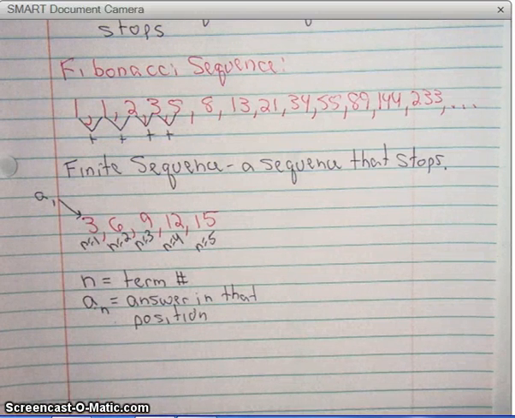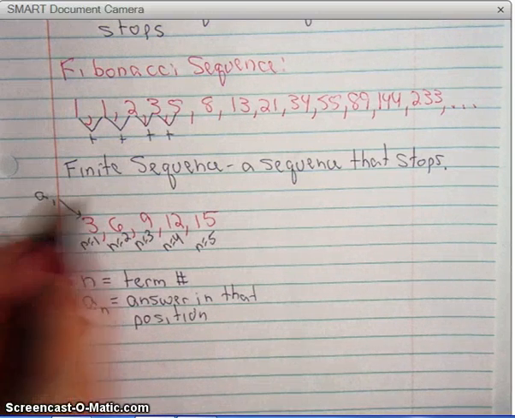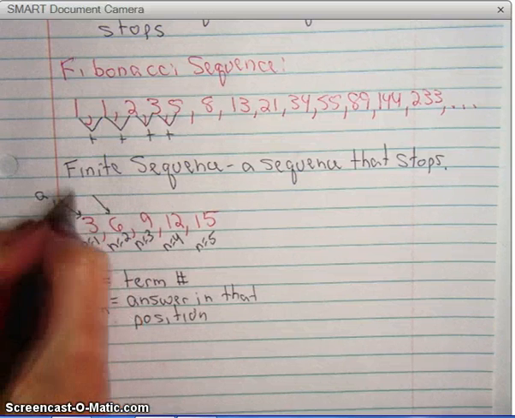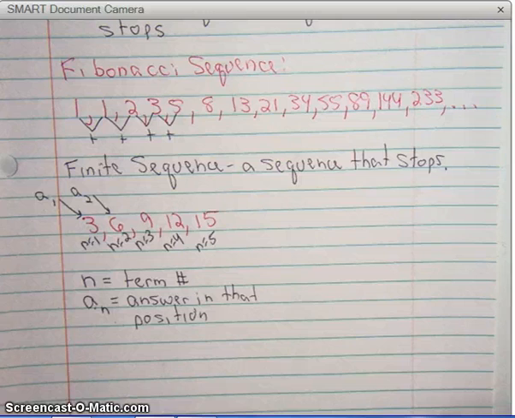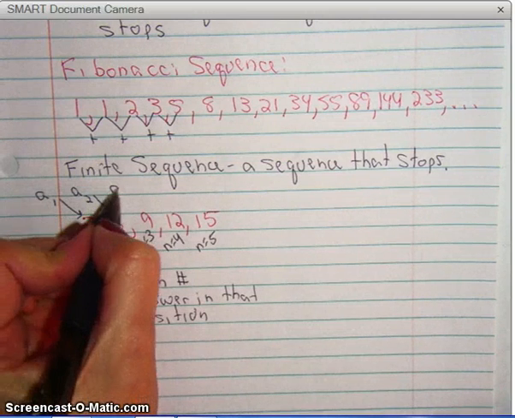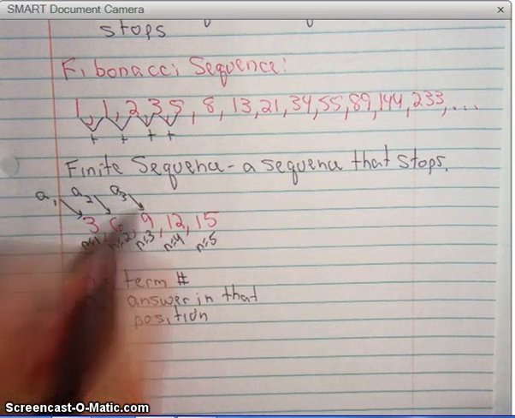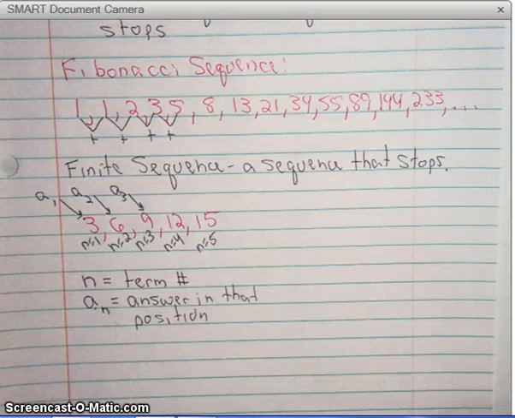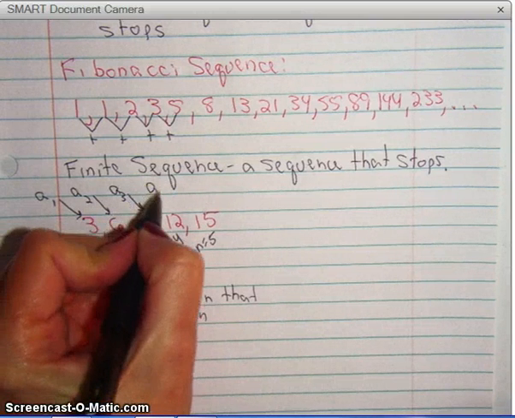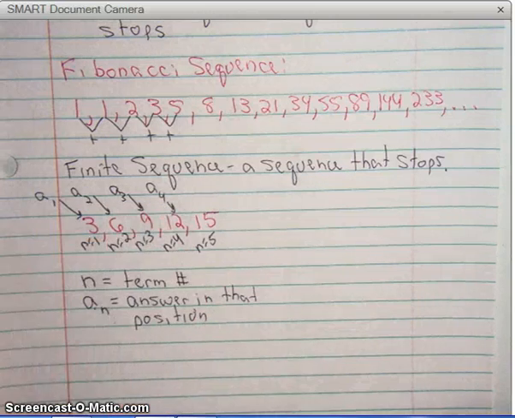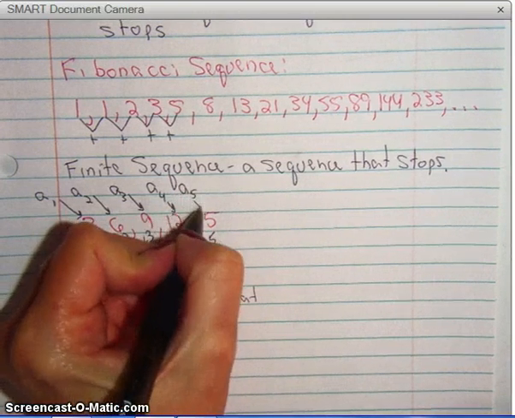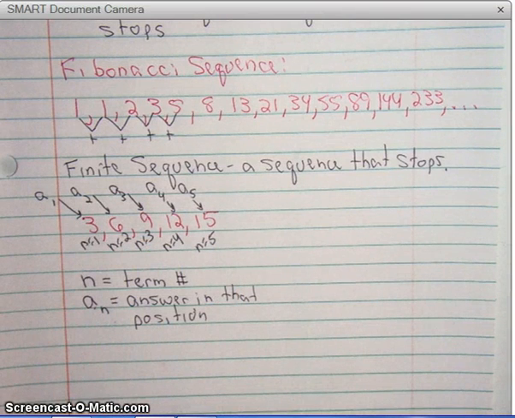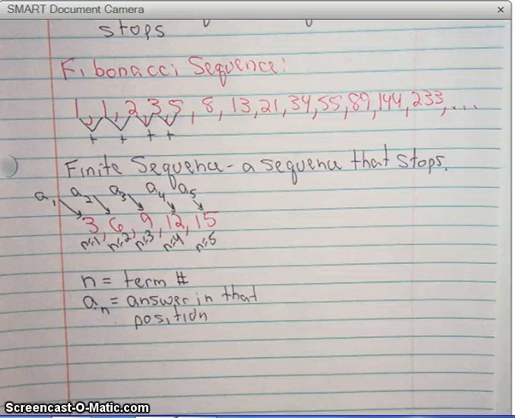That's the first answer. The answer in the second position is called A sub 2. The answer in the third position is called A sub 3. A sub 4. And then A sub 5. For the finite? No, it works for infinite also.